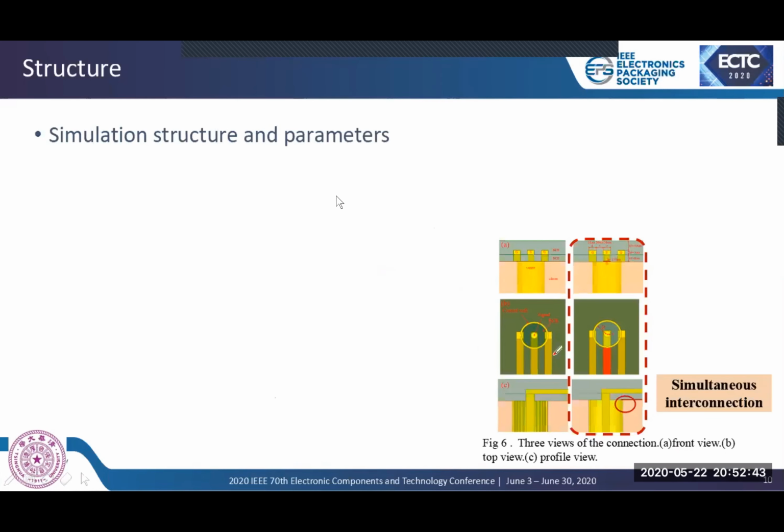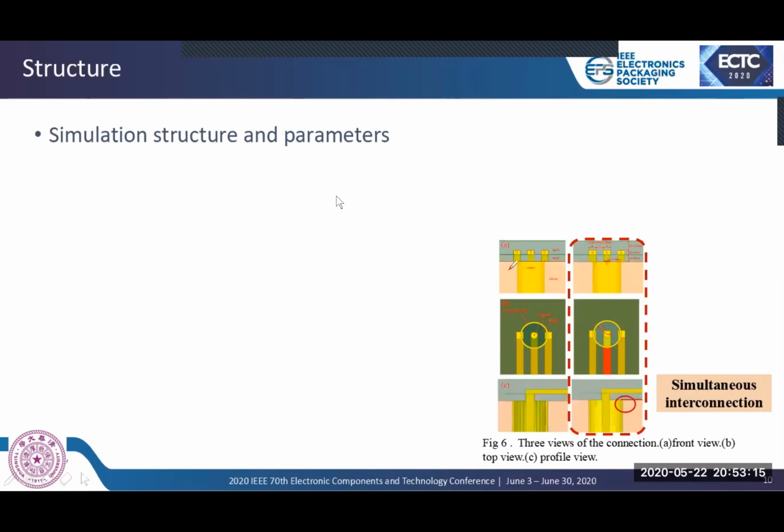To prove the validity of this transmission line, we build a model of traditional coplanar waveguide and a coplanar waveguide with shield line. Figure 6 also shows the location of the shield line more clearly. And we can see that it can be interconnected with the ground wall of the coaxial TSV simultaneously.